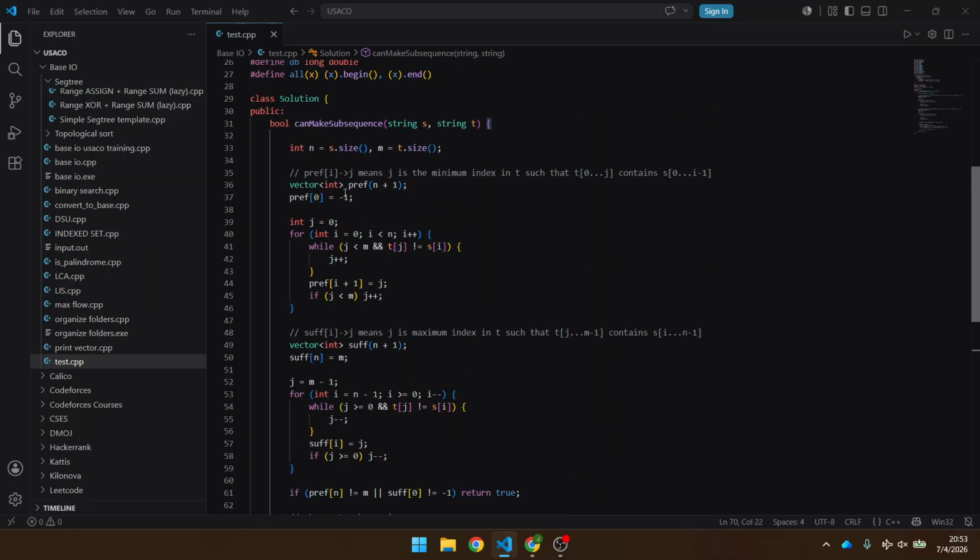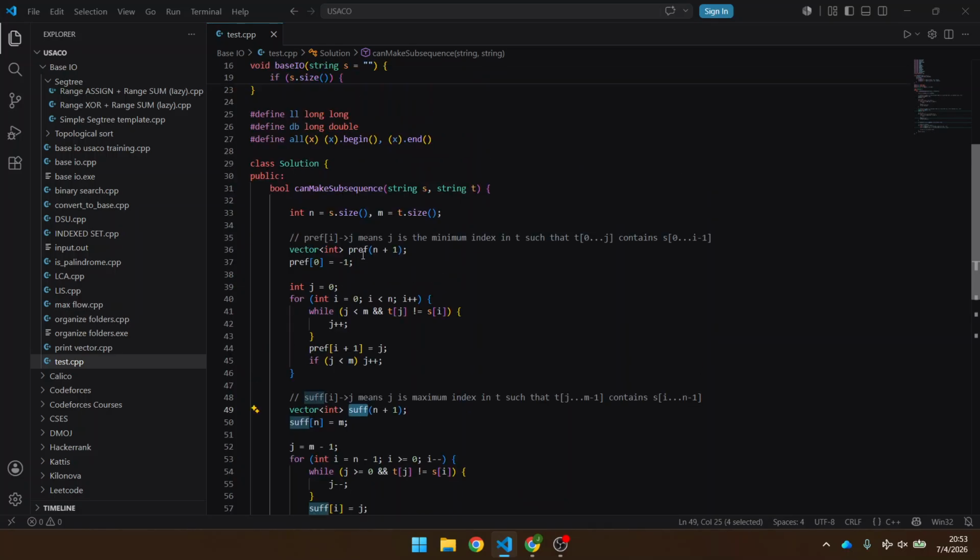And over here, the implementation for pref and suff. For the prefix, we use a 2 pointers approach. So at the beginning, pref 0 is -1. We set it to -1, because that basically means that we change the first index, right? Our pointer right now is at 0.